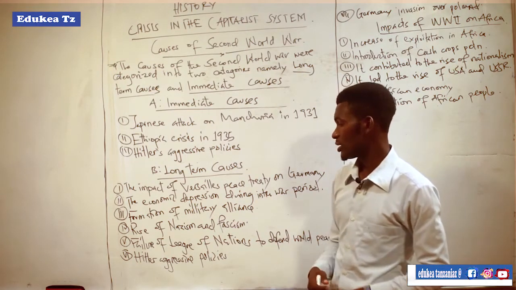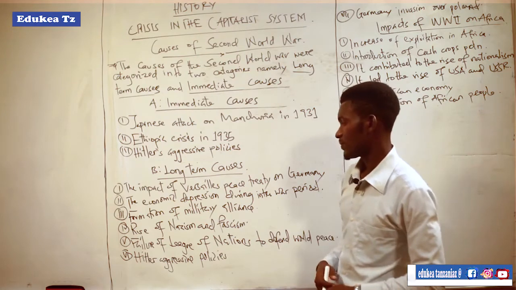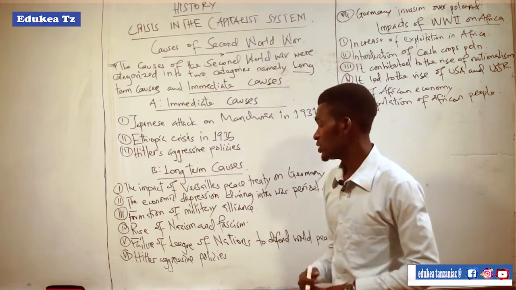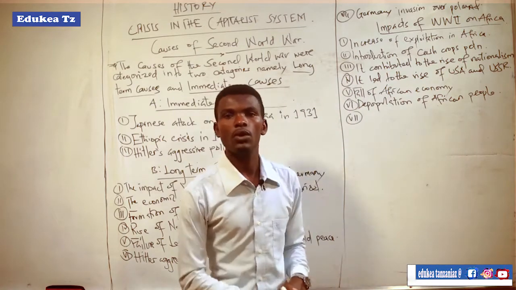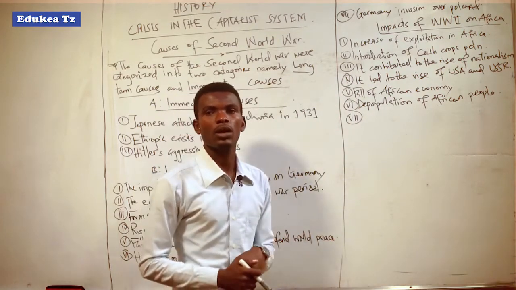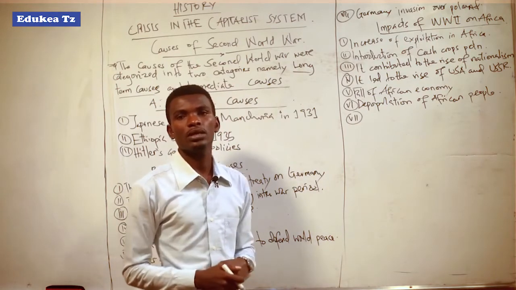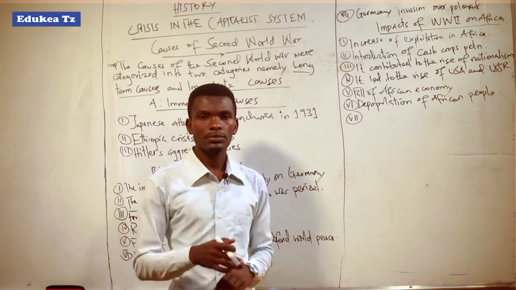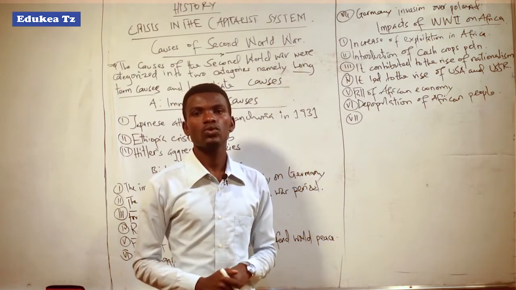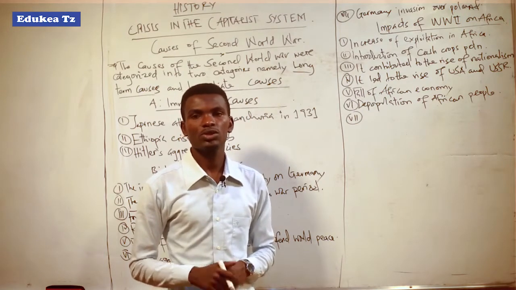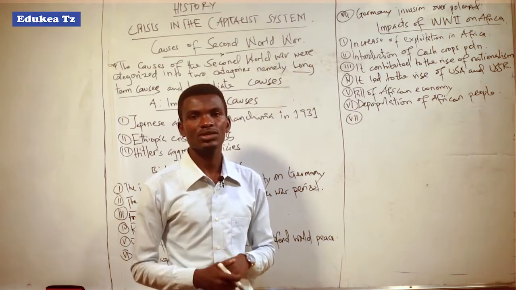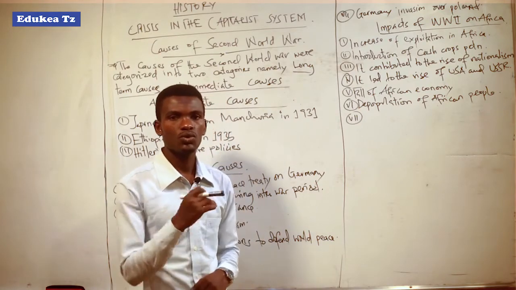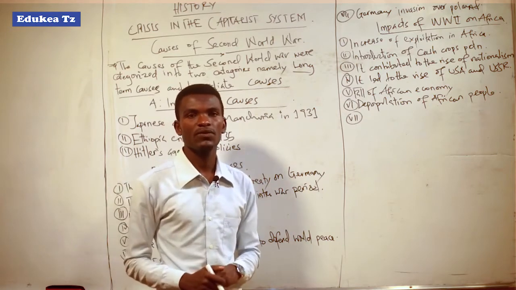But another was Hitler's aggressive policies. Hitler's aggressive policies contributed to the occurrence of the Second World War, whereby Adolf Hitler came up with expansionist policies, and he encouraged his fellow dictators to invade various nations in Europe, Africa, as well as Asia, in order to expand their spheres of influence and build the economy of their countries.